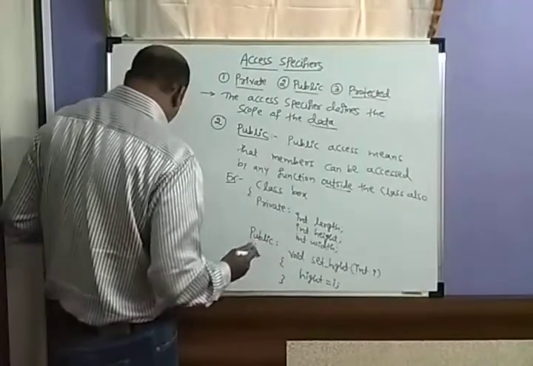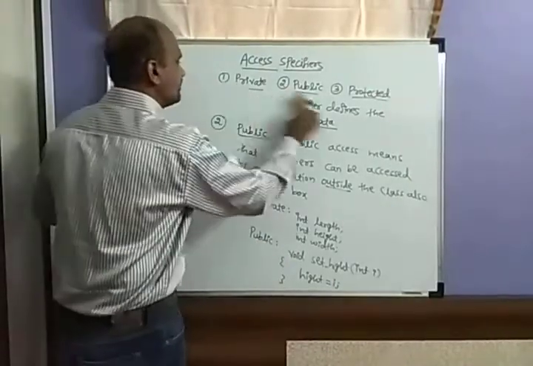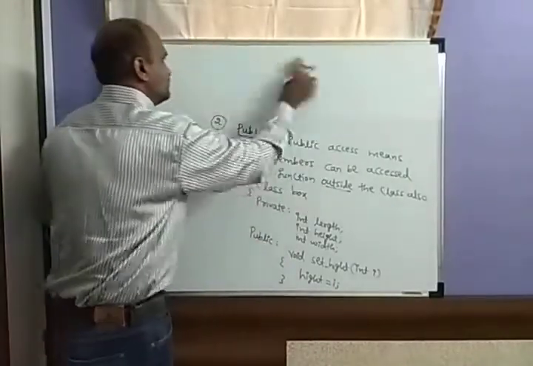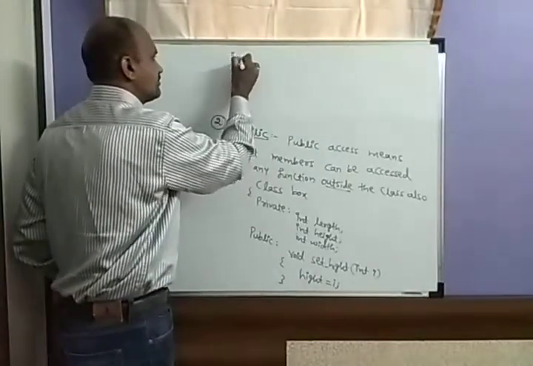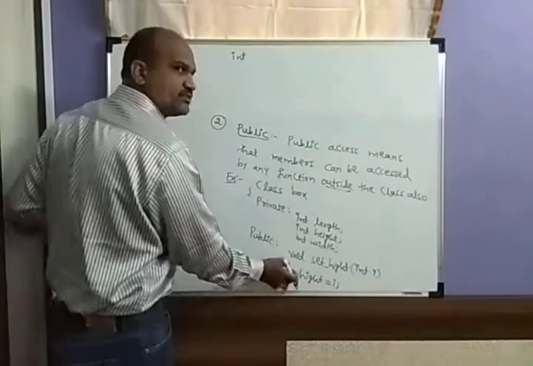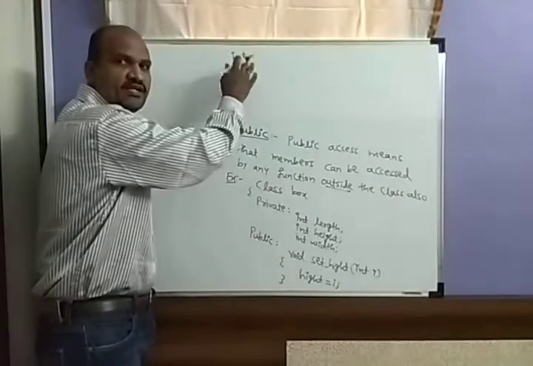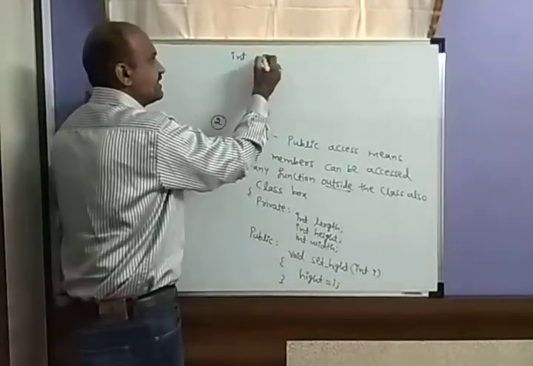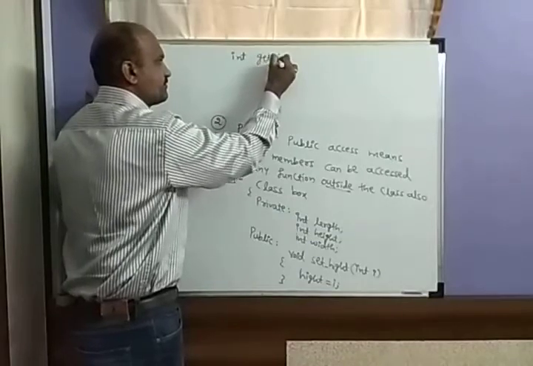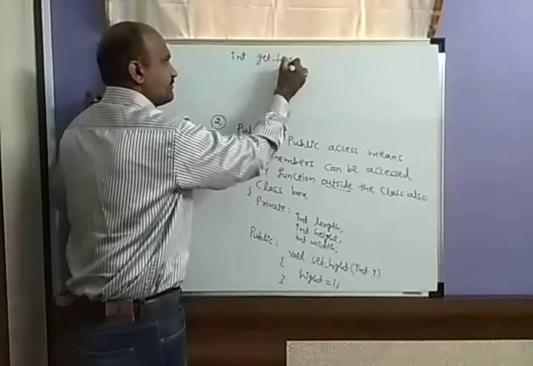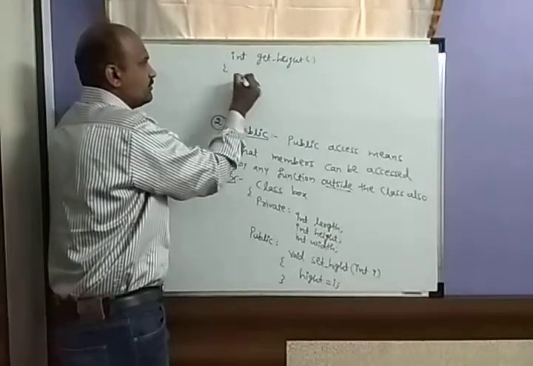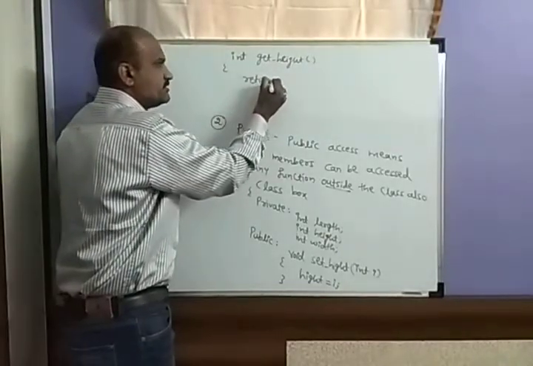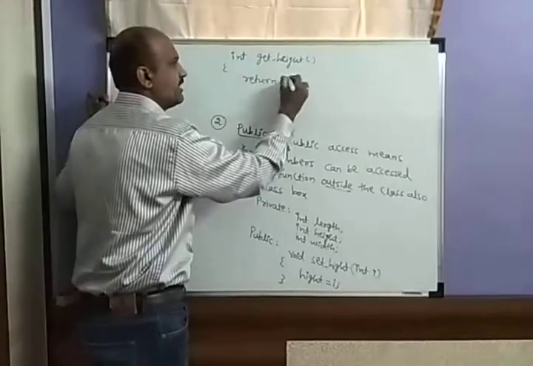I will write another function here. So that is int. So this is one function. Still we are inside the class. We are writing another function, int get height. What we are writing is return height, just returning the height.